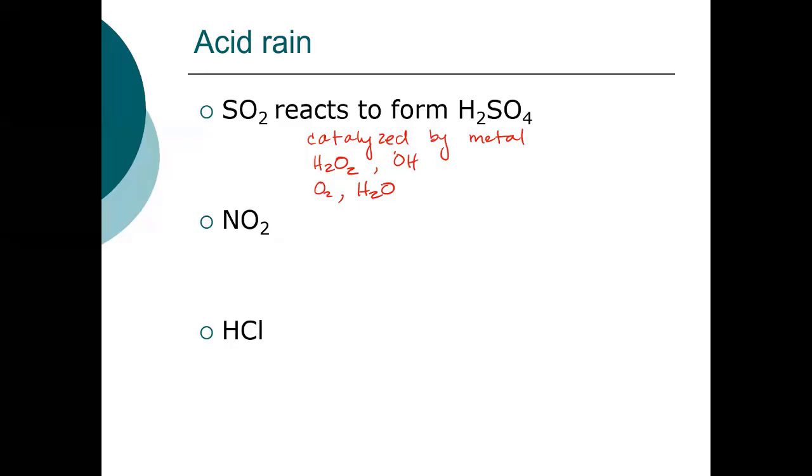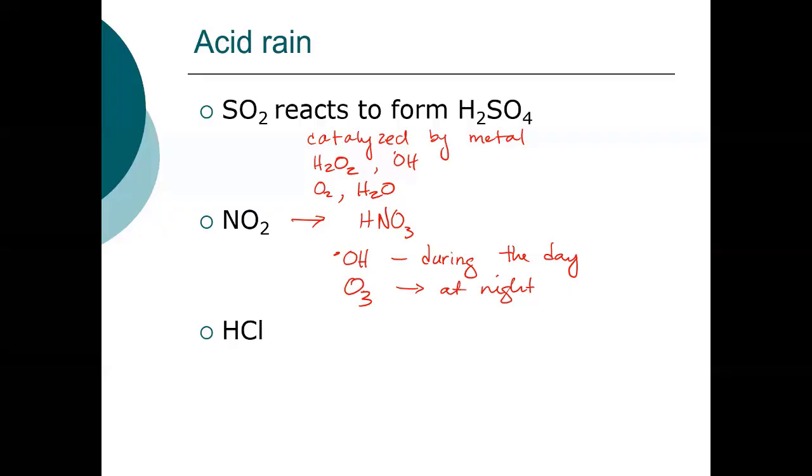The reaction of NO2 to form nitric acid is also catalyzed by OH radicals, and this is predominantly during the day, and it will react with ozone at night. So the reactions vary depending on the amount of sunlight that is present.